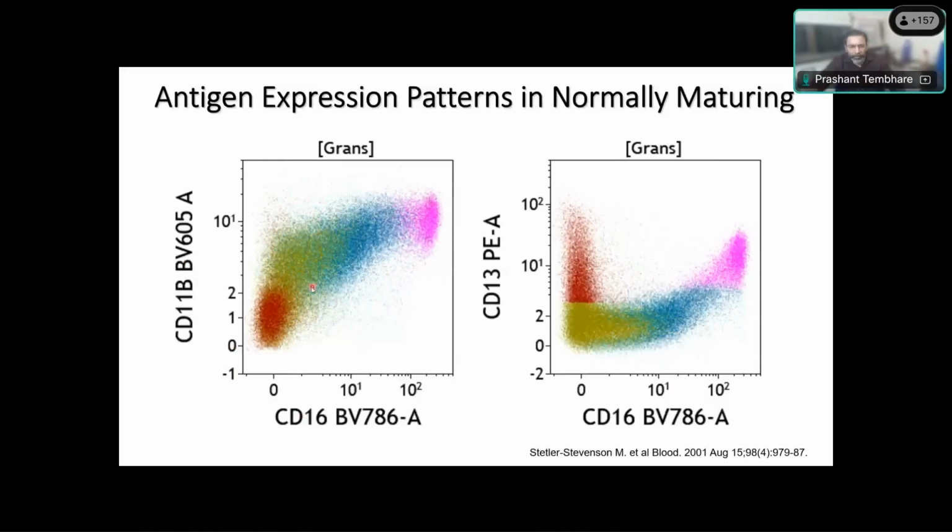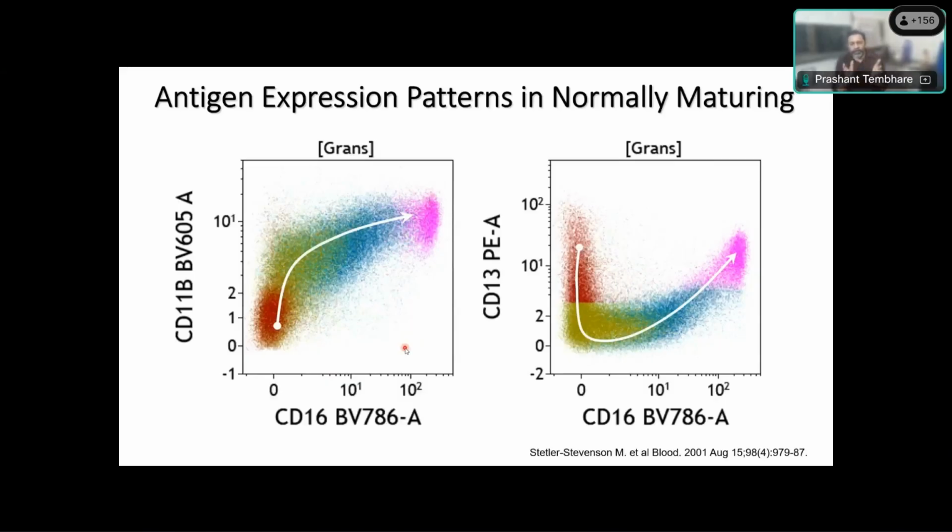Myelocyte and metamyelocyte show expression of CD11b, but they are negative for CD16. Metamyelocyte and band come positive for CD16 and CD11b both, and neutrophil shows strong expression of both markers. So this is the signature maturation pattern, the combination of antigen expression at different levels.